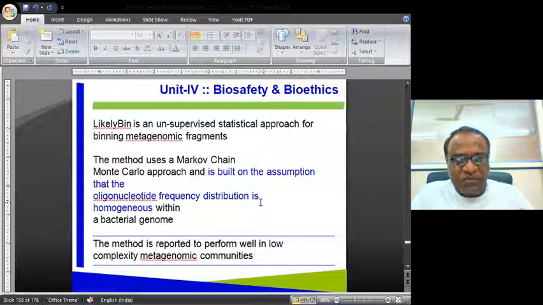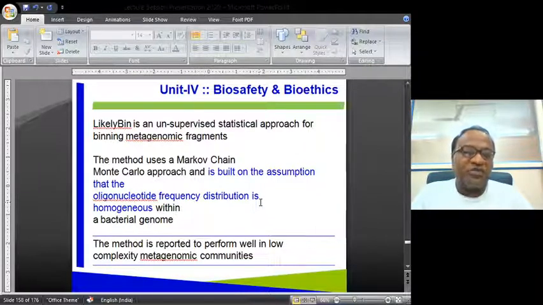So what is the basis for this approach? It is built on the assumption that the oligonucleotide frequency distribution is homogeneous within a genome or bacterial genome. That means the oligonucleotide frequency distribution is homogeneous throughout the genome. That is the basis for the Markov approach or Markov model.